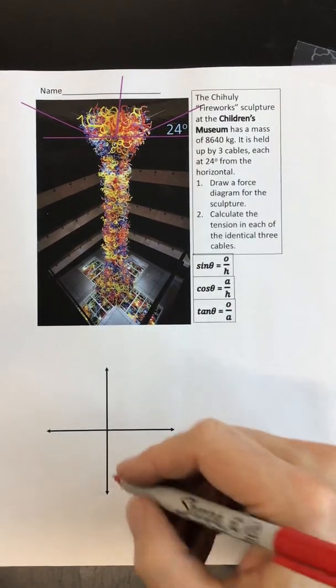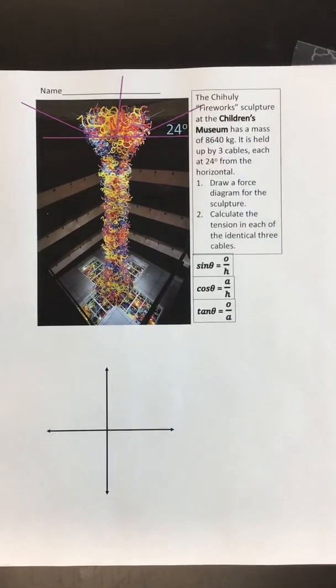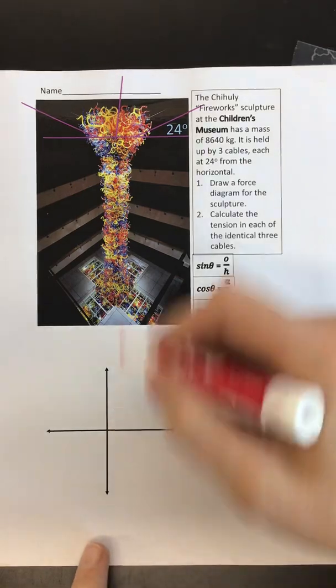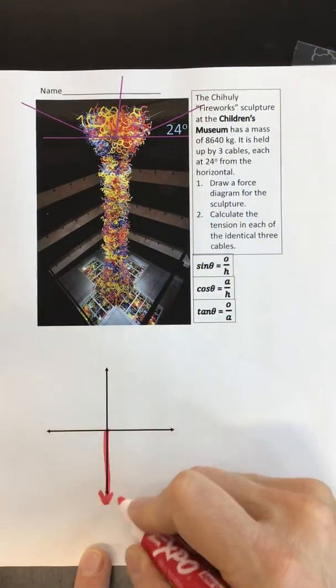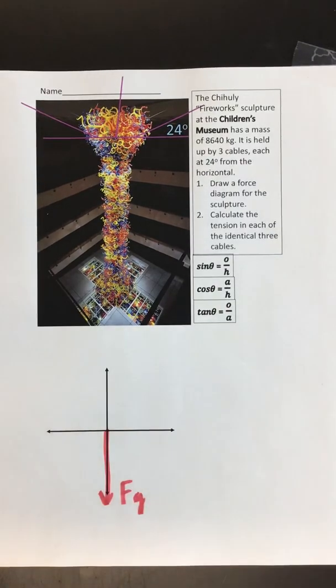So let's do these diagrams here. We have always the force of gravity, okay? There's no surface, so we're going to draw the force of gravity, and there's no normal. There's certainly tension.